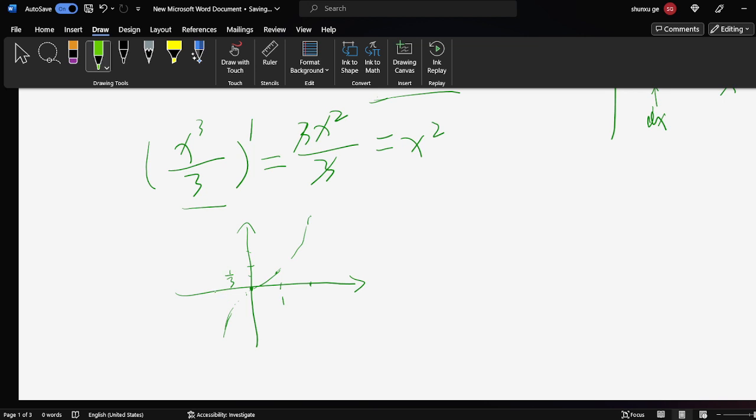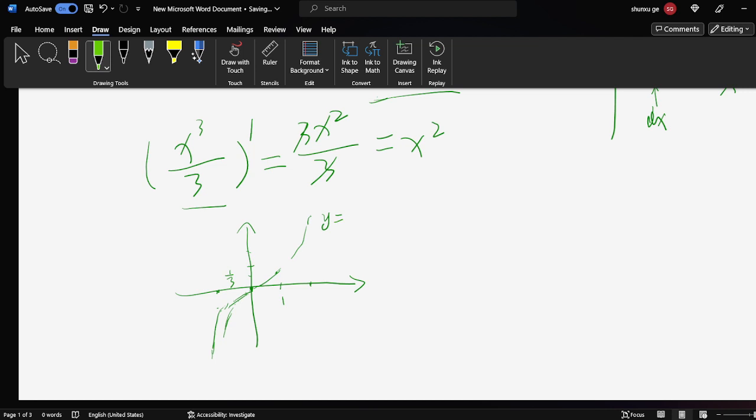And here, same, I get negative 1, so negative 1 over 3. I think the graph is almost like this.